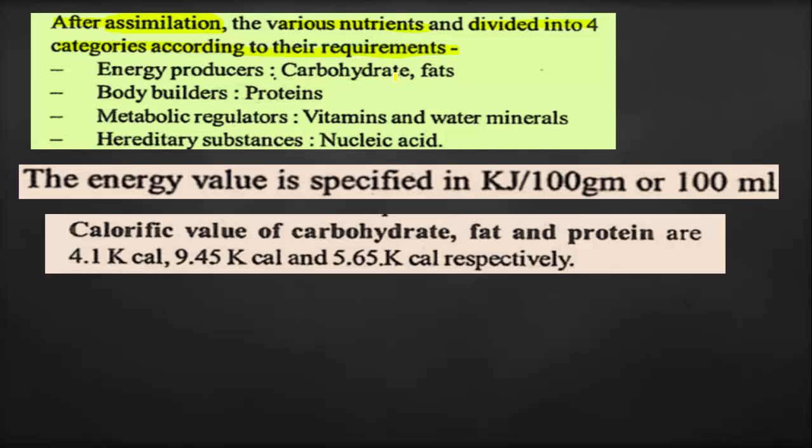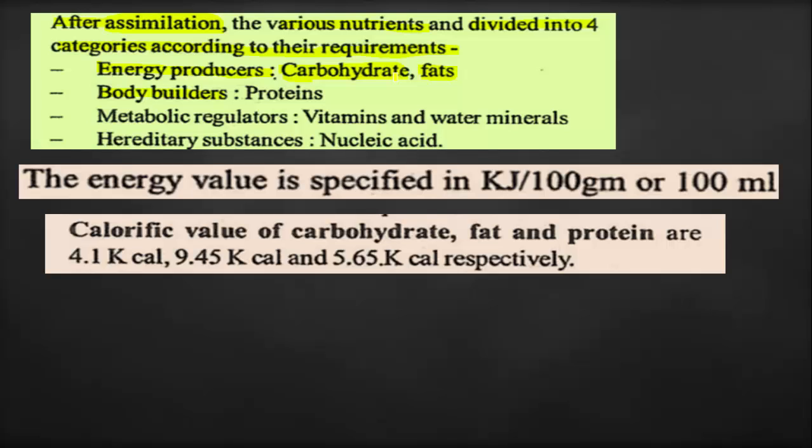What are those? First category, energy producers, and they are nothing but carbohydrates and fats, because their combustion or breakdown produces energy for different activities.